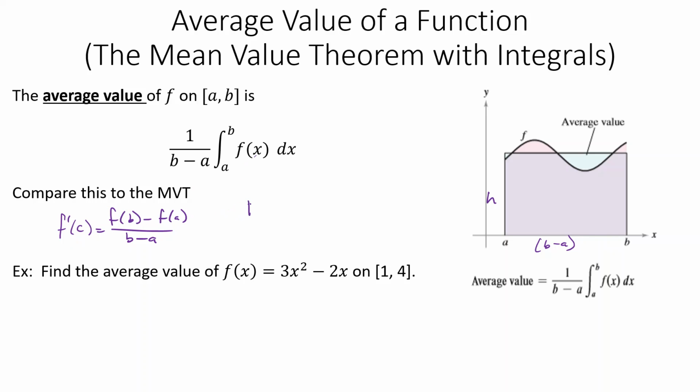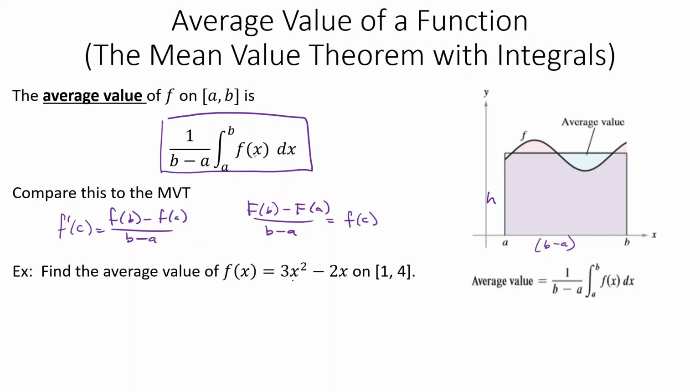So this would be f of b minus f of a over b minus a, and this equals f of some height in here. So it's just one function higher doing the mean value theorem. We're doing it with integrals instead of with a derivative, but it really is the same kind of thing. So what you do want to do is memorize this formula here, but if you know what's going on, you can derive the formula in your head pretty quickly.